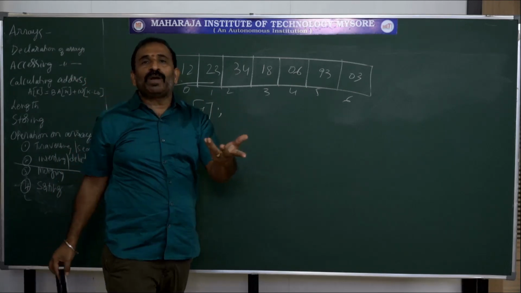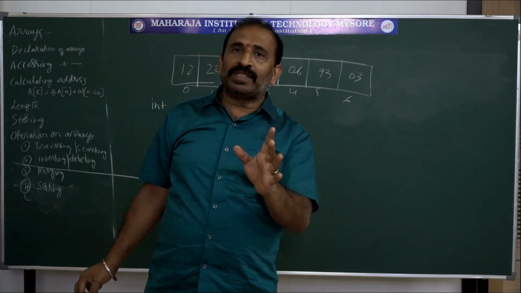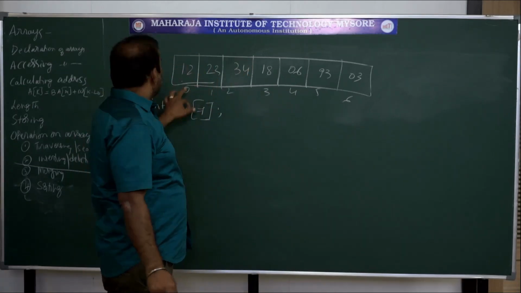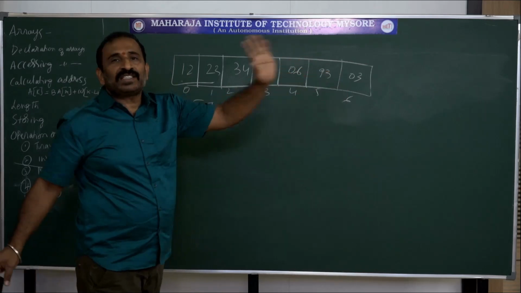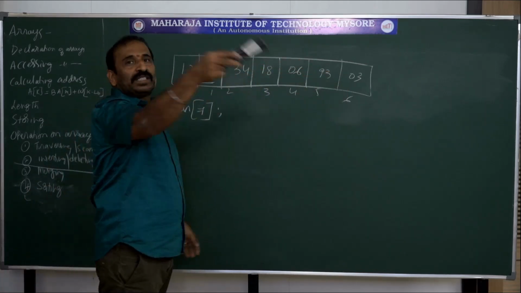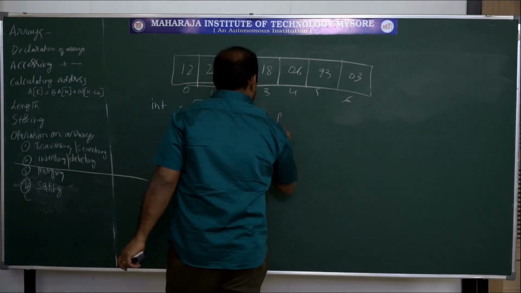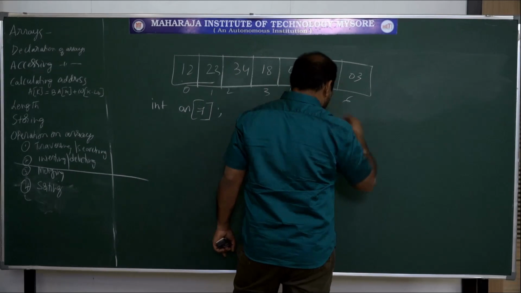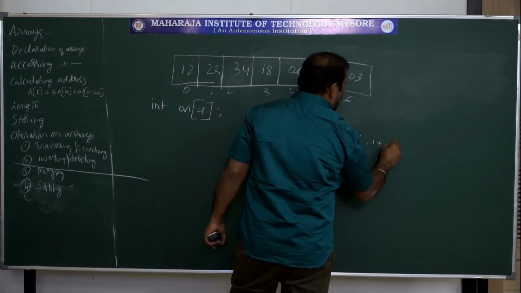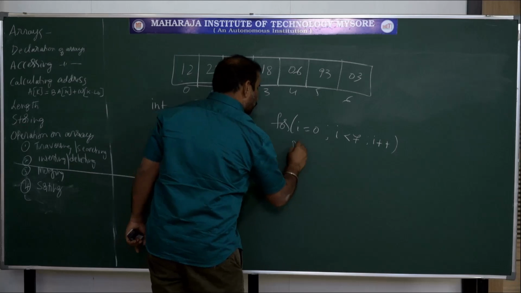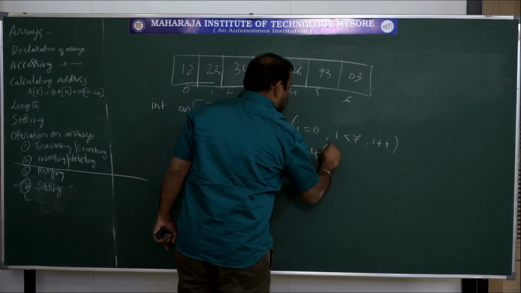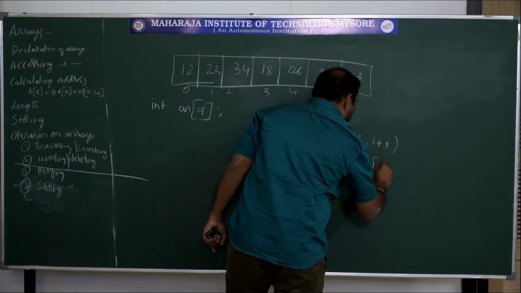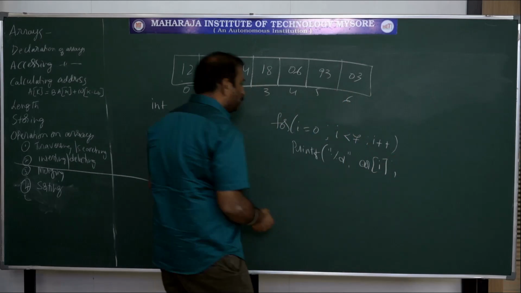You can use a for loop or do while loop. Usually you will be using for loops. Well, I am using a for loop from 0 to 6, and I will be displaying this. Right? Simply you can consider this as for i equal to 0, i less than 7, i plus plus, printf percentage d, then ar of i.